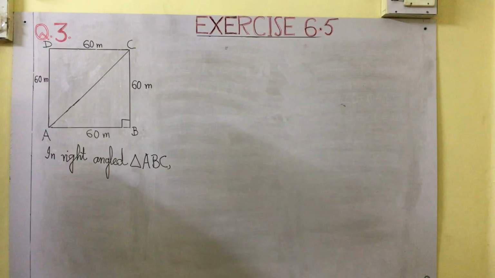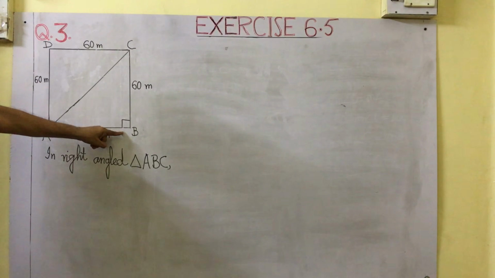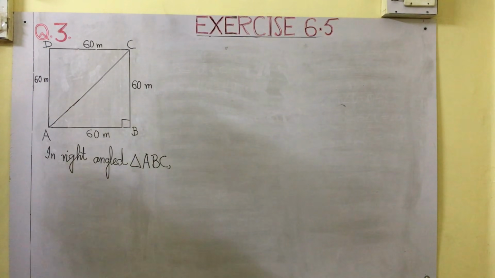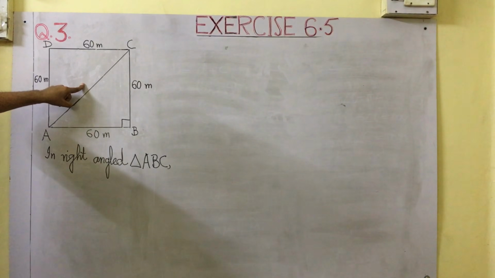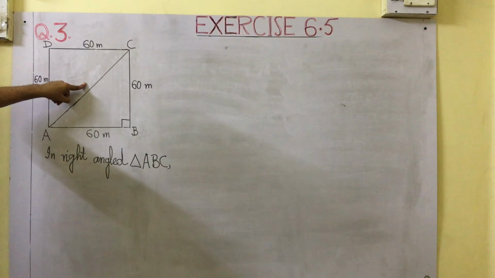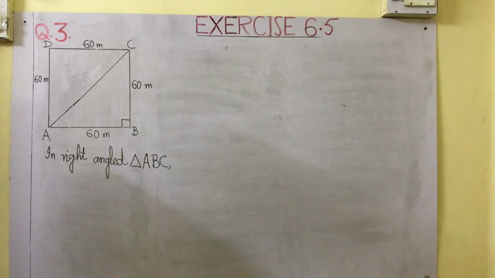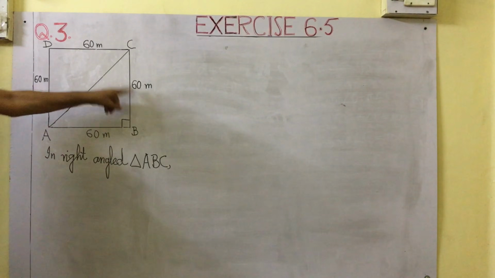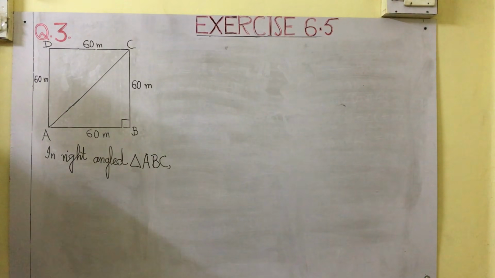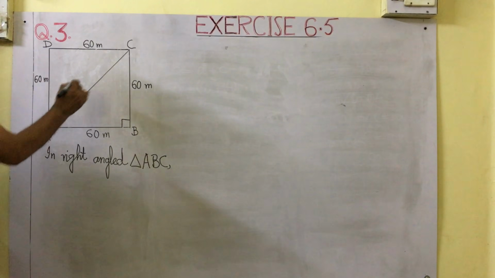By Pythagoras theorem, AC square is equal to AB square plus BC square. The side opposite to 90 degrees is the longest. Longest side square is equal to the sum of the squares of the other two shorter sides. Or you can say hypotenuse square is equal to base square plus perpendicular square.